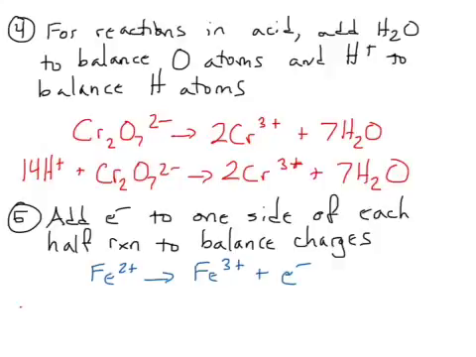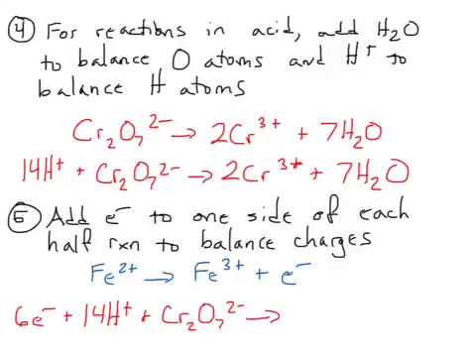We're going to have 6 electrons plus our 14 H+ plus our dichromate goes to 2 chromiums plus our 7 waters. So as of right now, we have 2 half reactions balanced for atoms and charges.